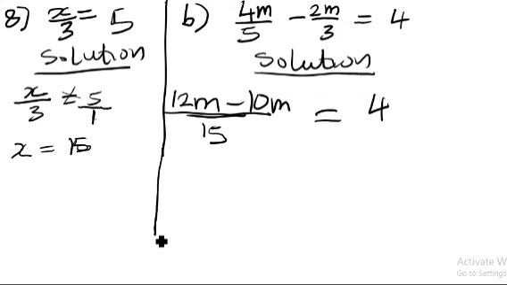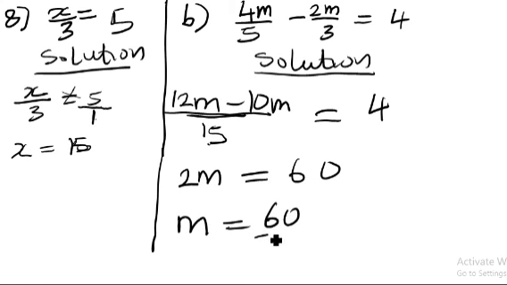So let's continue. Subtracting this will give you 2m equal to 15 times 4, which gives you 60. So m will give you 60 over 2, which is equal to 30.